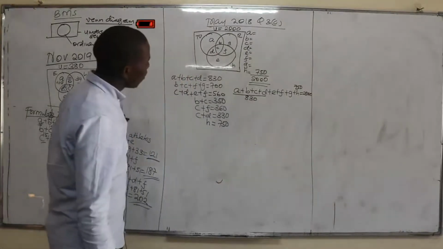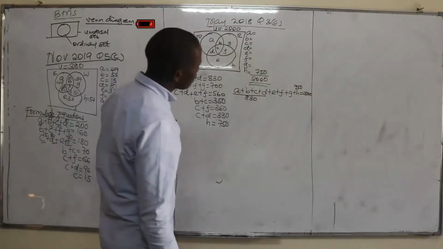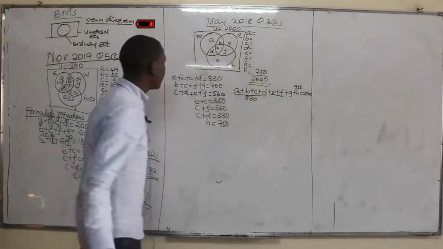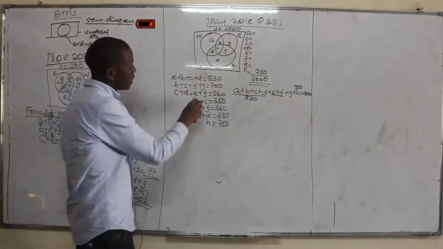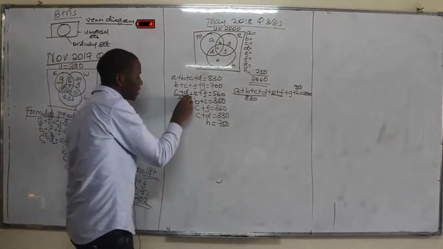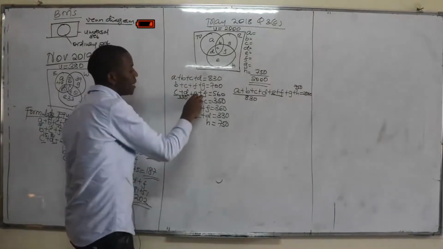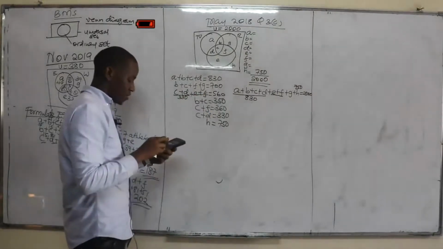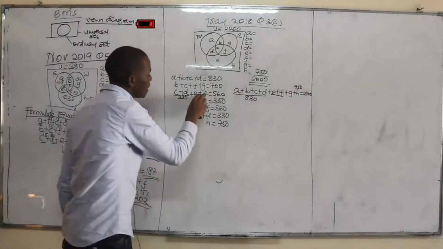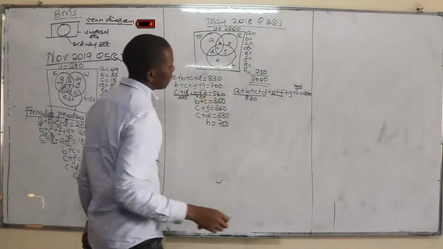We can also get EF. We know CD here is 330, and EF will be equal to 560 minus 330, meaning that EF will be 230.